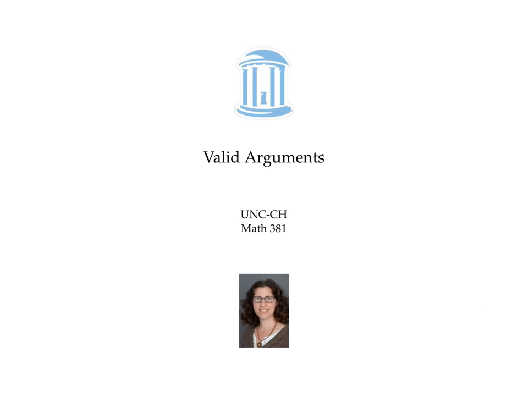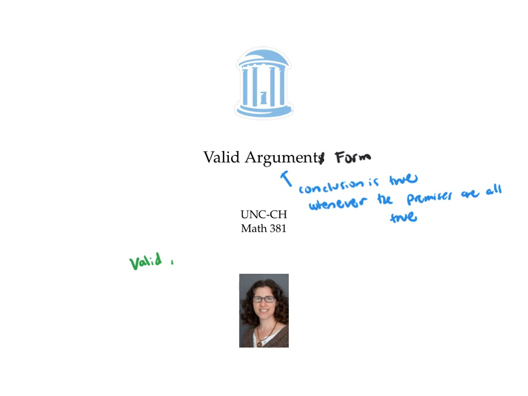In this video, we defined a valid argument form as an argument form in which the conclusion is true whenever the premises are all true, no matter what particular propositions are substituted in for the variables. A valid argument is then an argument that has a valid argument form. That is, it comes from a valid argument form by substituting in the specifics for the variables.